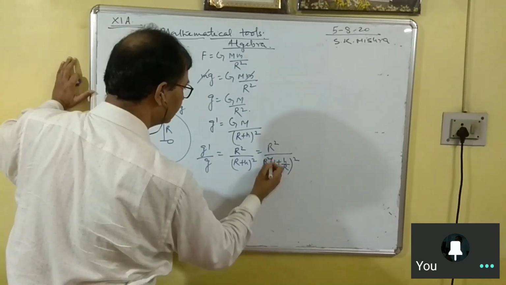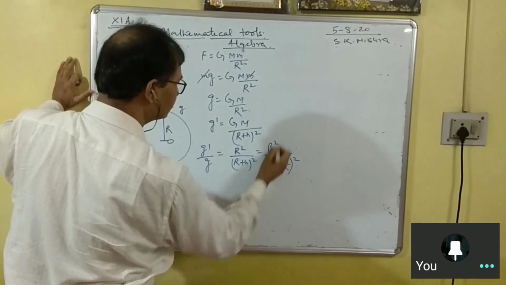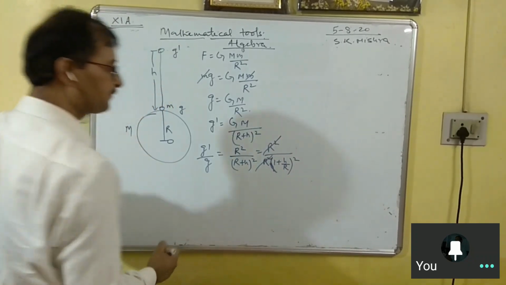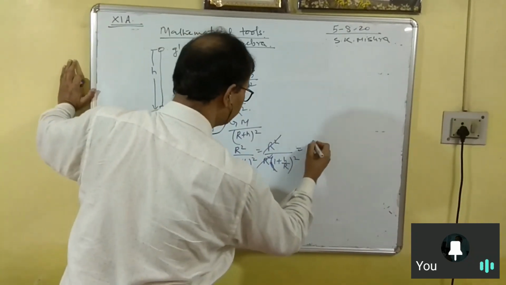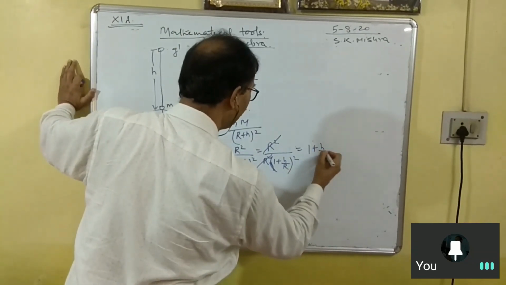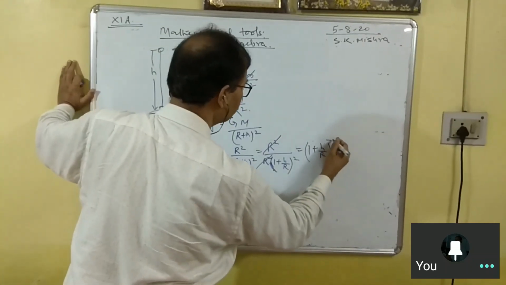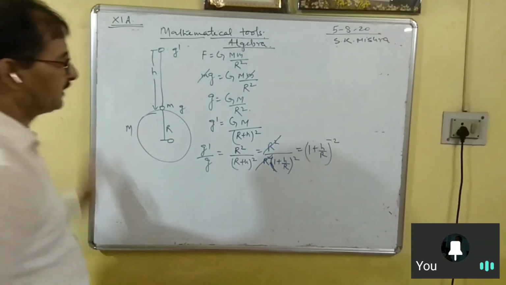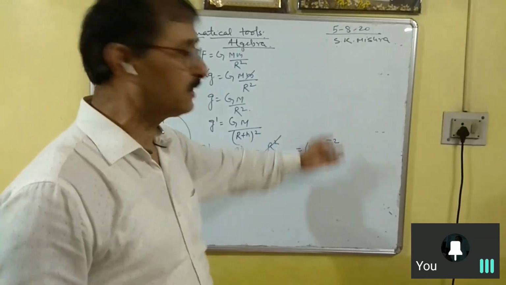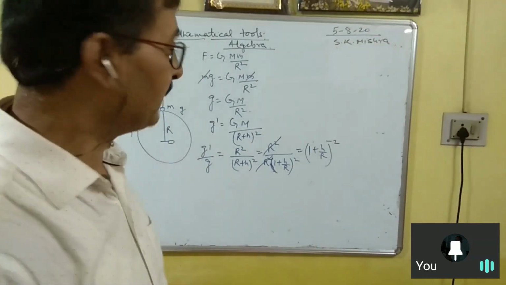Now you can cancel this r square with this r square. And then it is 1 plus h by r raised to minus 2. If you bring the denominator part up, it will be raised to minus 2.